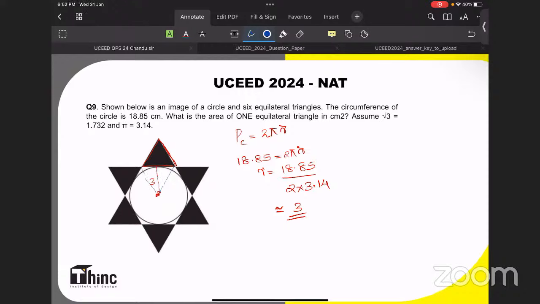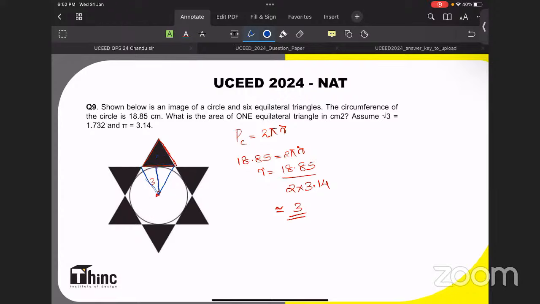Actually, this triangle and this triangle will have equal area, because this figure is a hexagon itself. So the area of the 6 triangles will be equal to the area of that hexagon also. So this area as well as the area asked in the question are the same. Keeping that in mind, we can solve the question.